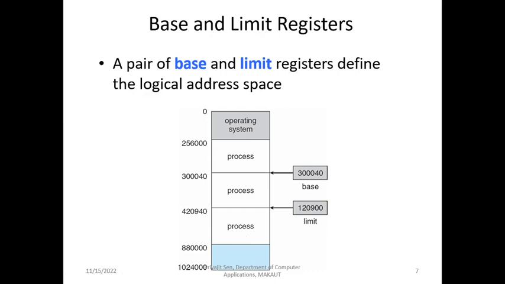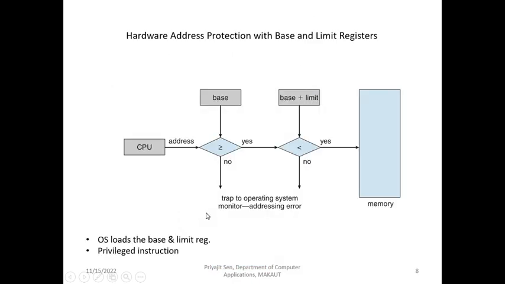Up to process 2 it is, suppose, 420939. That means you have to take less than this value, therefore the less than symbol is written here. If both of them are yes, then you can go to the physical memory and get the physical address.